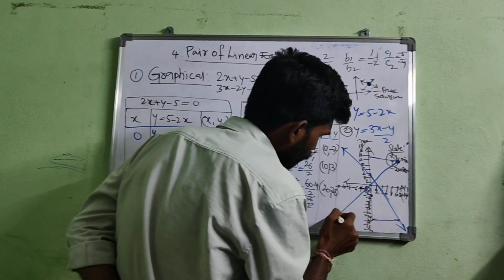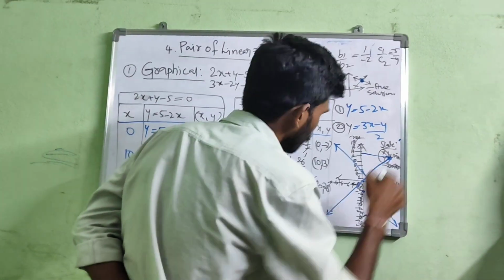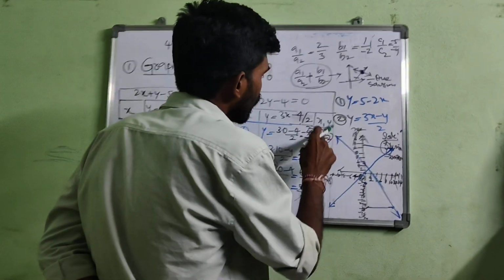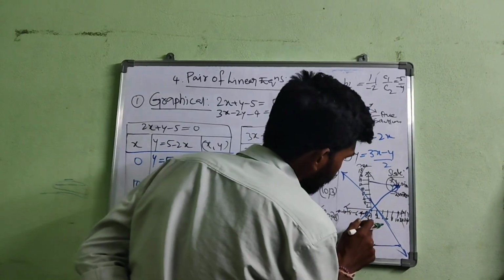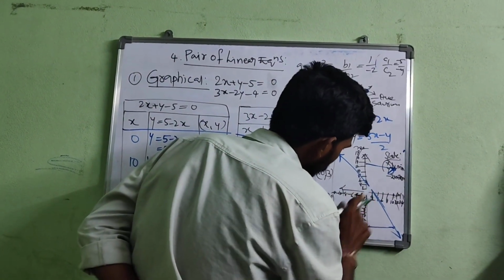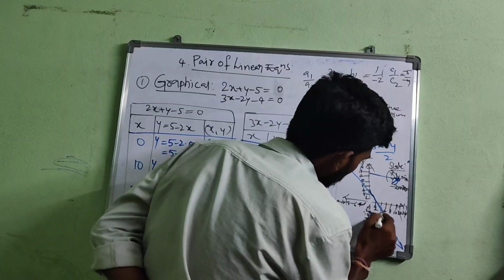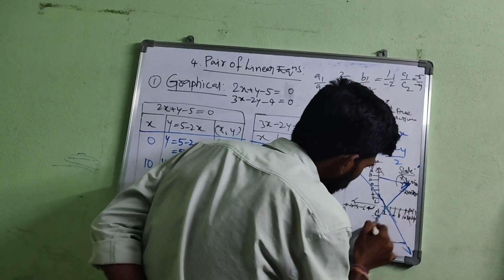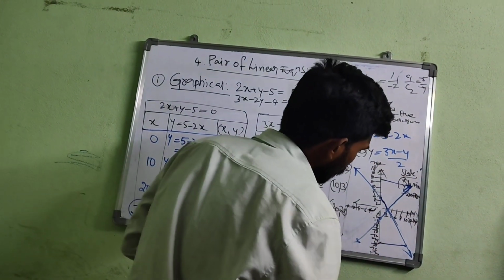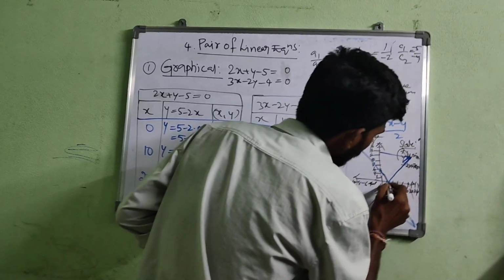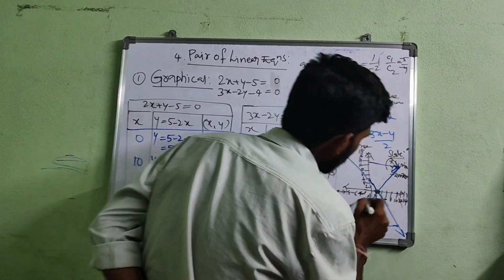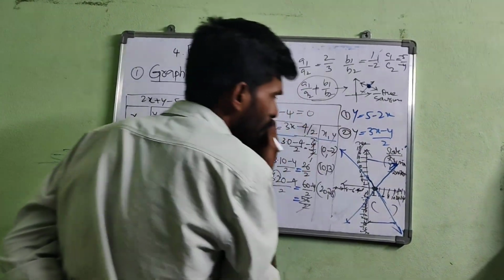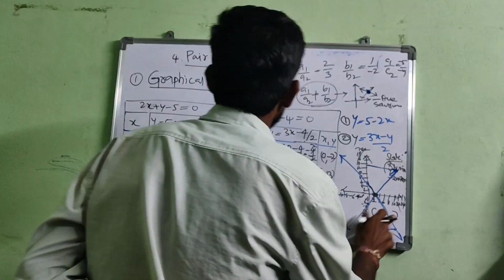Now x is 0, and then what is y? Minus 2 is there here. Now here is the touching point. From this we will get what x is and what y is.